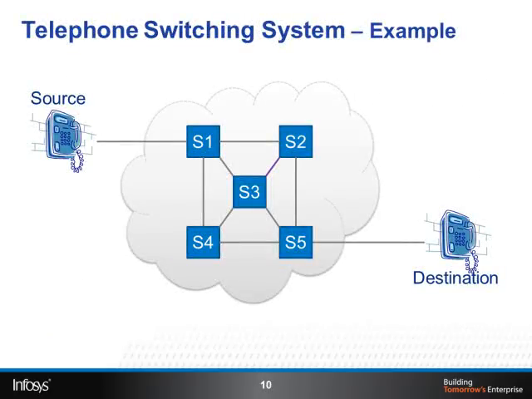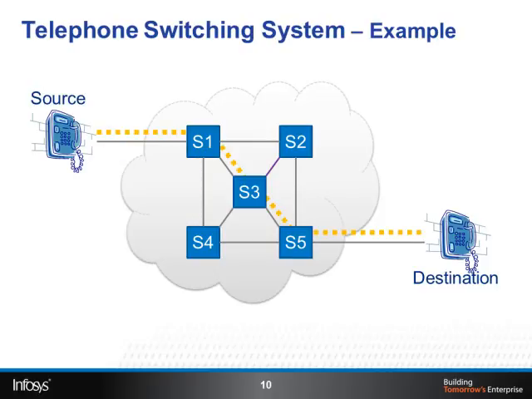The picture demonstrates how circuit switched networks work. Consider a telephone network with the telephone switches S1, S2, S3, S4 and S5. To establish a connection between source and destination, many possible paths are available as shown.